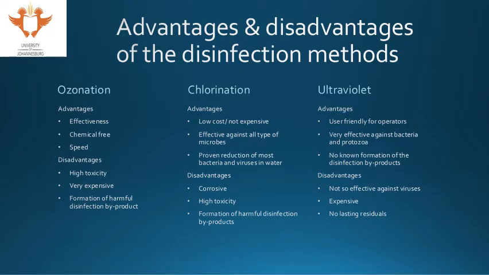Even though it is corrosive and highly toxic, it is low cost and affordable, so many water treatment plants are able to use it, and because it is proven to reduce most bacteria and viruses in water.